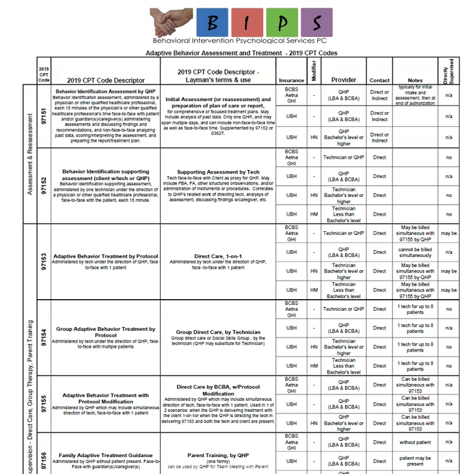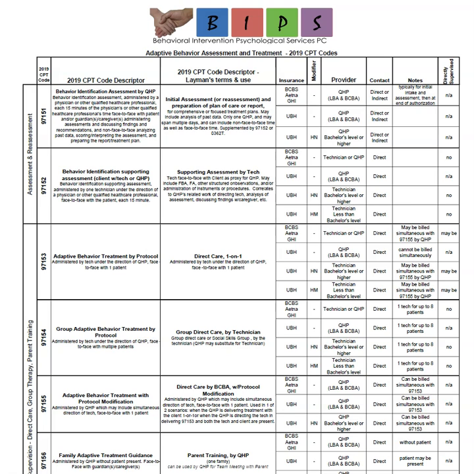Within Blue Cross, Aetna, and GHI, this can be done by the technician or the QHP utilizing the same code. And with UBH, this is done by the QHP or the technician, direct face-to-face, and there are different modifiers depending on who is providing that service.